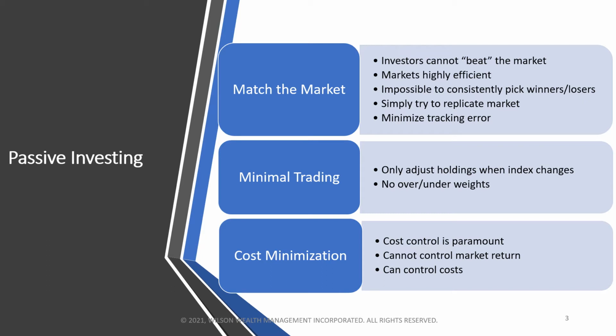And depending on how they do it, both on a cost side and a success side in matching the market returns, the differential between what they get and what the market returns would be the tracking error in this case. And you're trying to minimize that tracking error and replicate the return of the market as closely as possible.